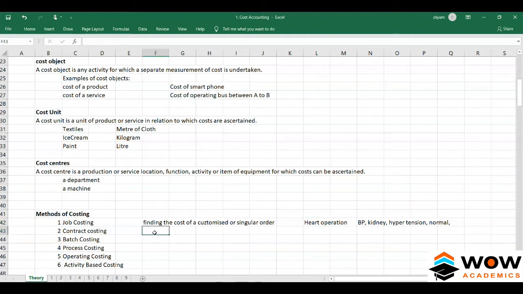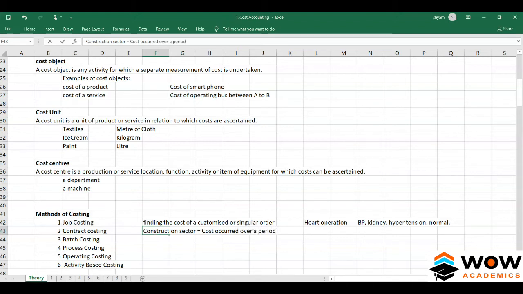The next one is contract costing. Contract costing is when you're trying to build a building. People who are into the construction sector use contract costing, because contract costing is going to be very different here. It is a cost which is going to be incurred over a period of years.